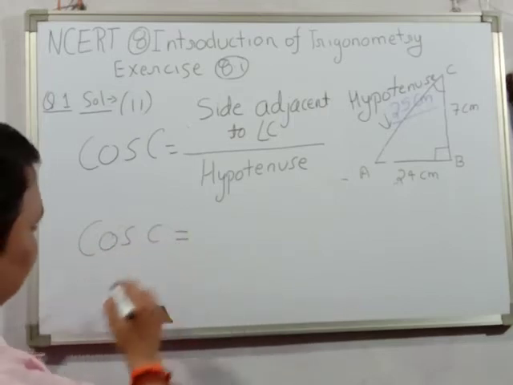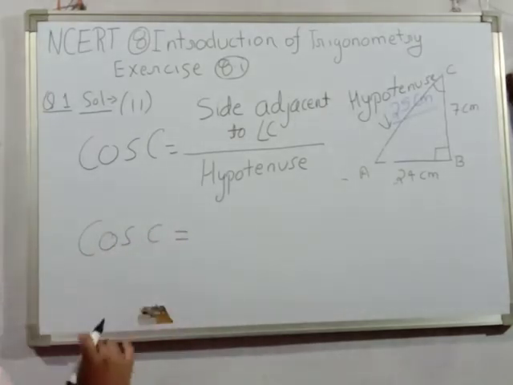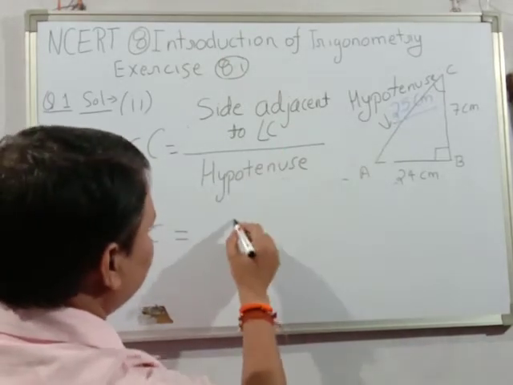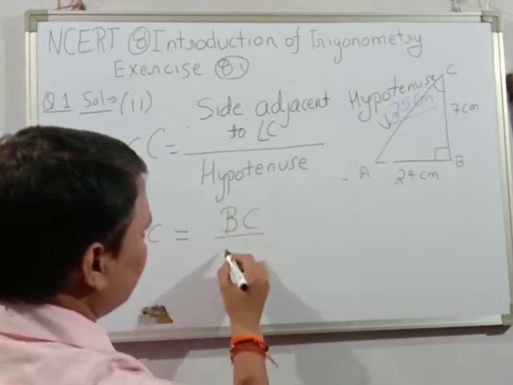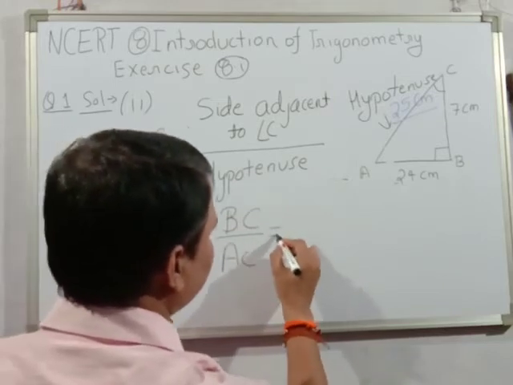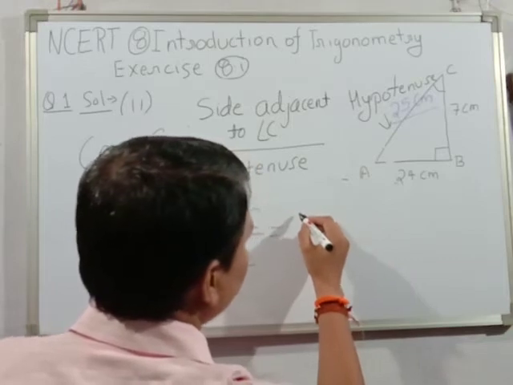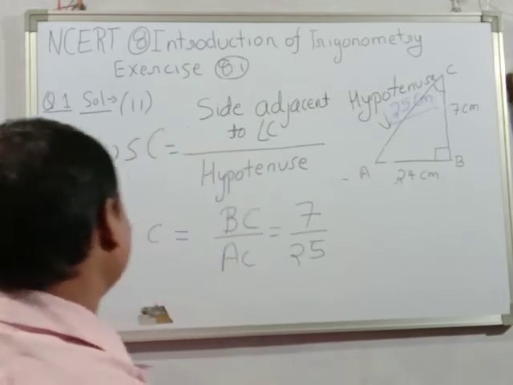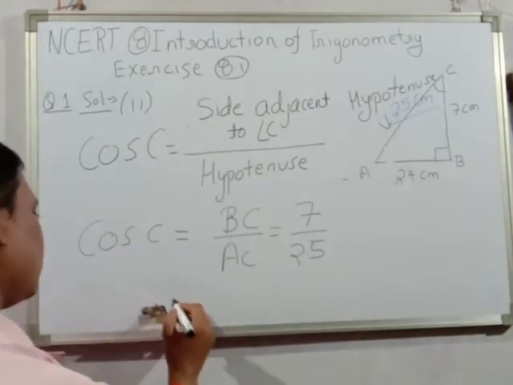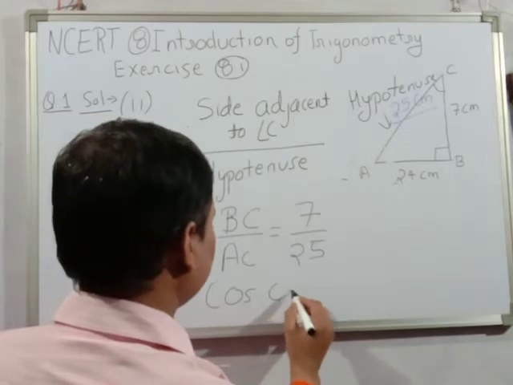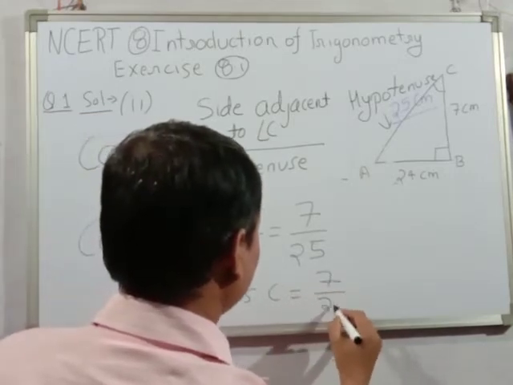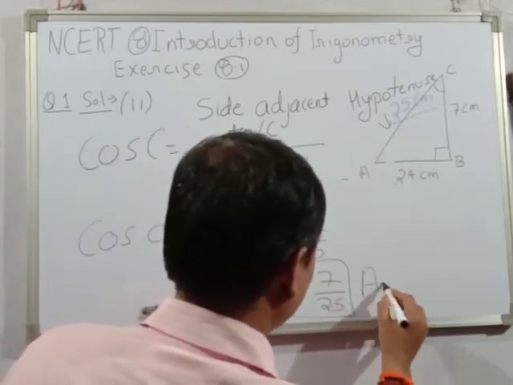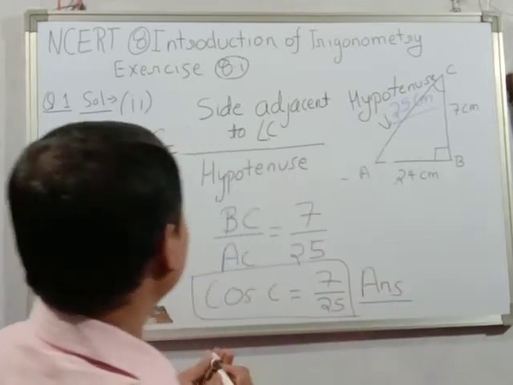Cos C is side adjacent, that is BC, upon AC. BC is 7 centimeter and hypotenuse is 25. So cos C is 7 upon 25. This is the answer. First question is complete.